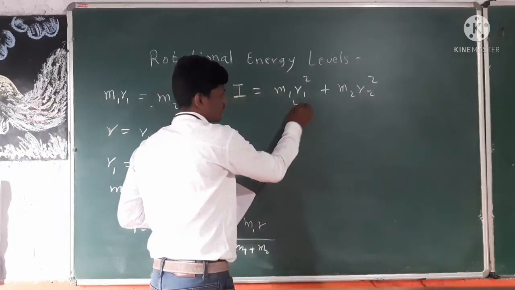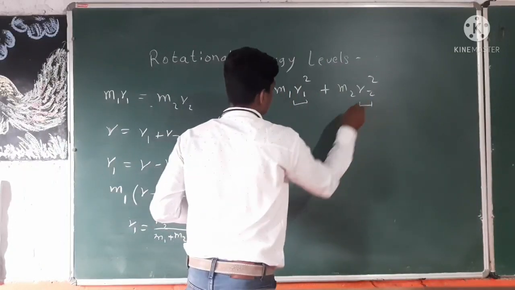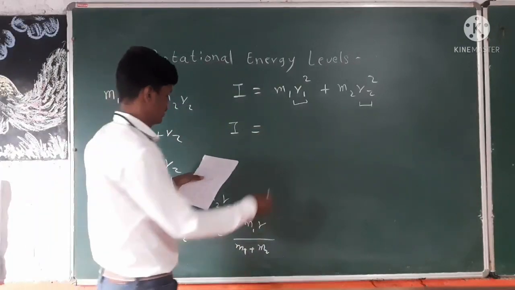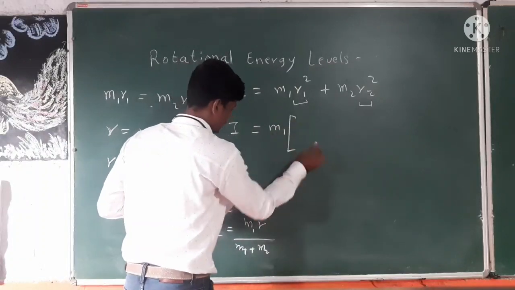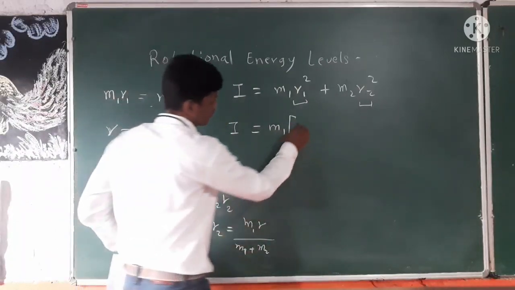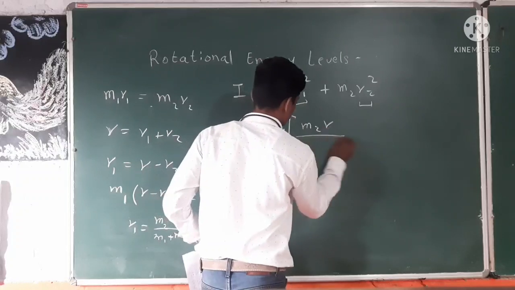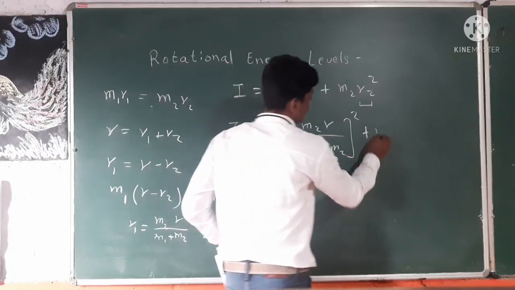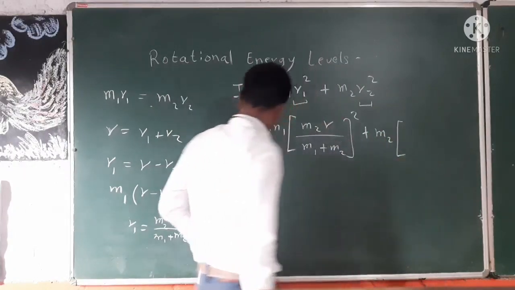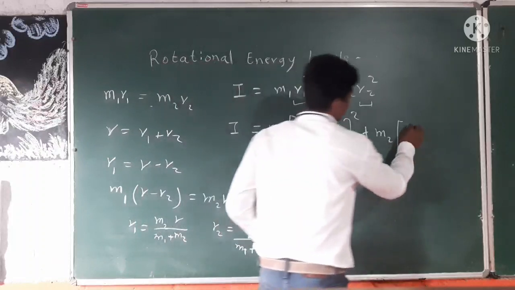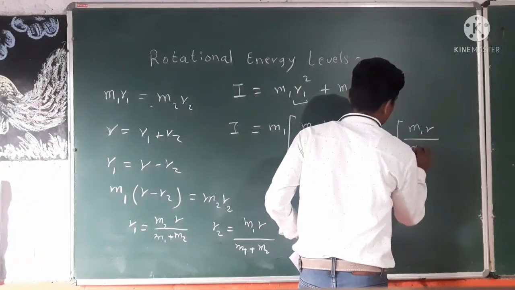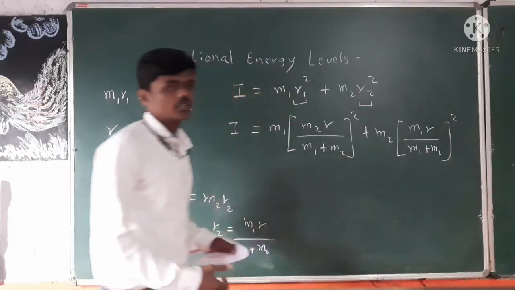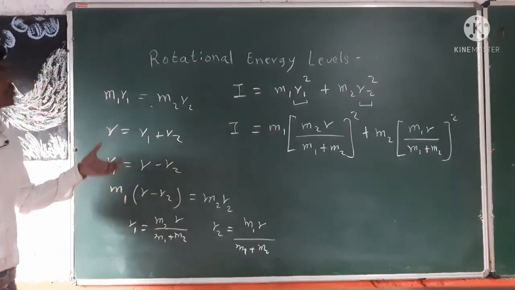Now we have the values of R1 and R2, so we can put the values here for this I. Let's put the value of R1, m2 R by (m1 plus m2) whole square, plus m2 times the value of R2, m1 R by (m1 plus m2), squared. We are finding the expression for the energy of each rotational energy level.